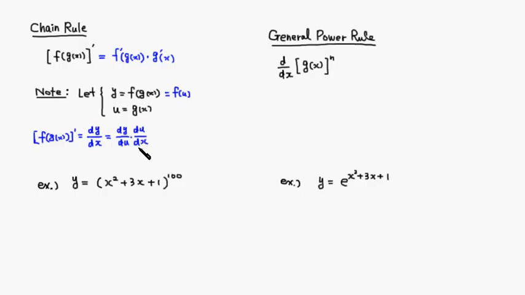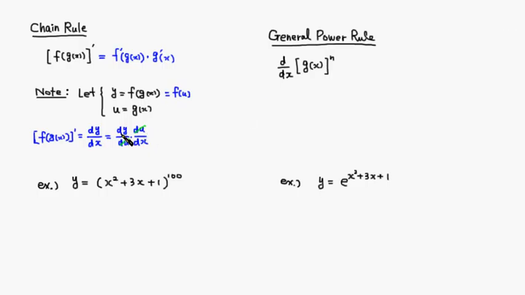You can treat these like fractions, and you can see that you can cancel the du and the du here. You're going to get back dy over dx. So these are equivalent.